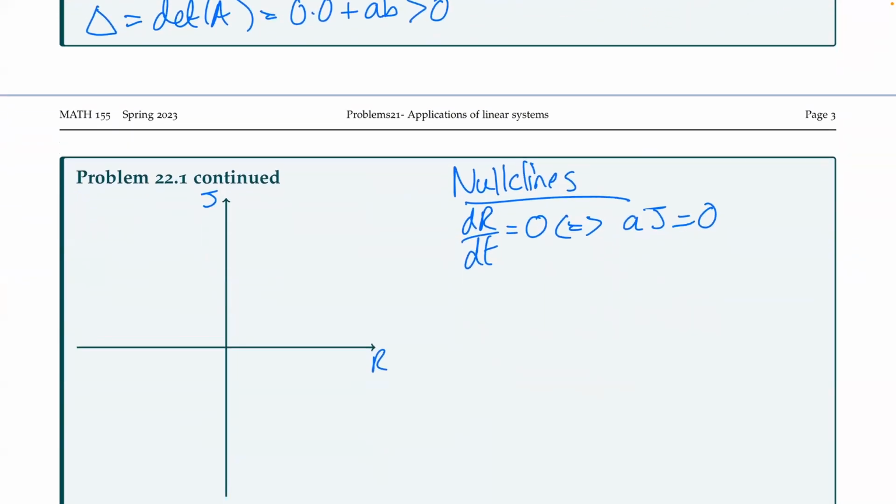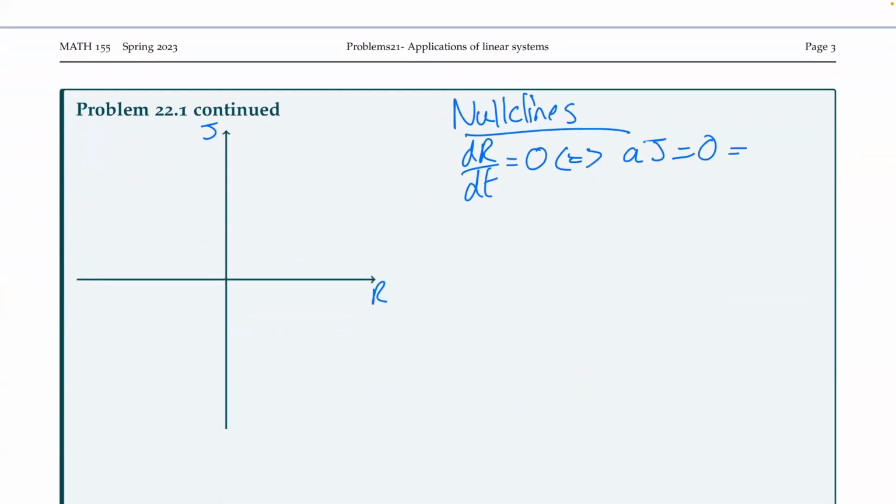And since A is positive, that means J is equal to 0. So that means that we have a null line here where J is equal to 0. I'm just going to color code this rather than having too much on this.